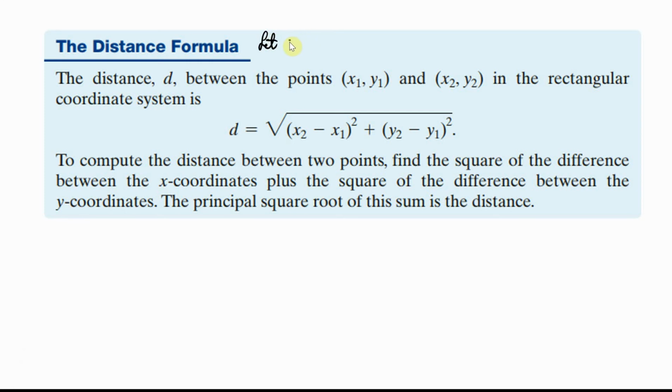So say, for example, let V equal to this point, x sub 2 minus x sub 1, comma, y sub 2 minus y sub 1.